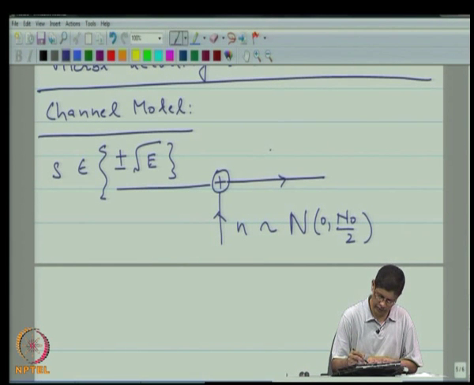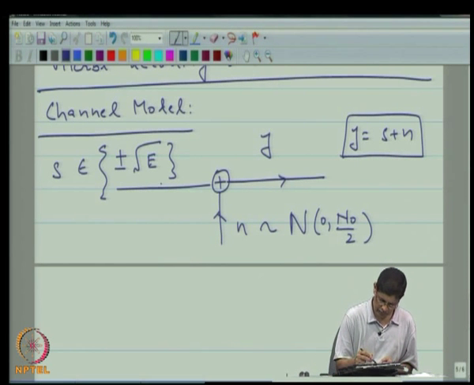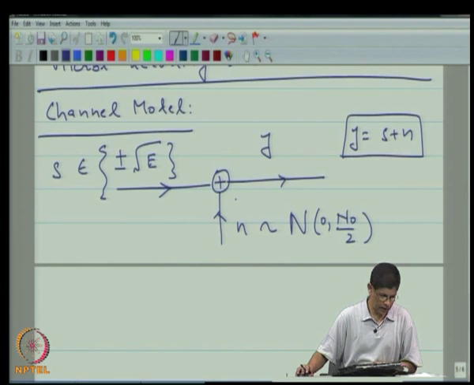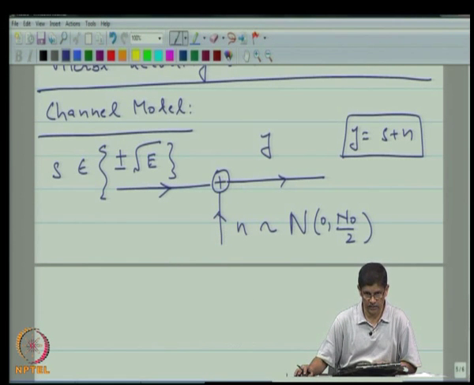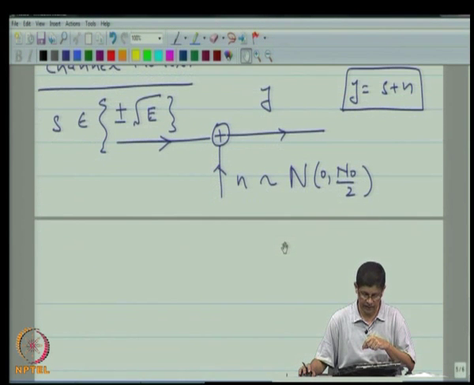And the output here is y, and y is equal to S plus N. So, this will be our model, and of course, this is for a single channel use. What we will be doing is using this channel over and over again, and from one use to the next, we will assume that the noise samples are independent.